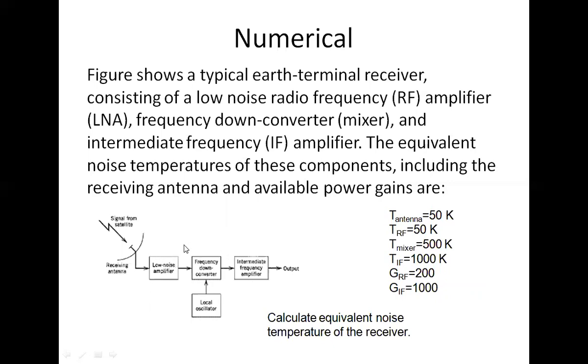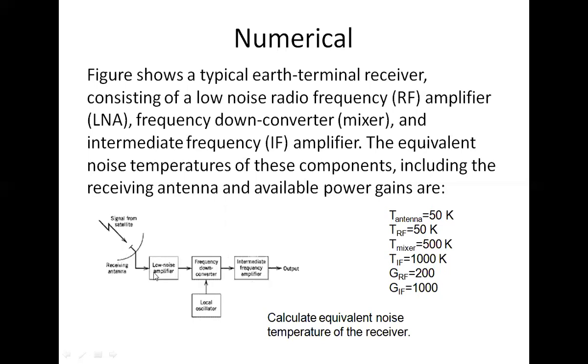So before the mixer, this part is the RF part. This is the RF amplifier. And after the mixer, because the frequency is down converted, we have the intermediate frequency range, IF range. So after the mixer, we have an intermediate frequency amplifier, IF amplifier. So first is the antenna here.